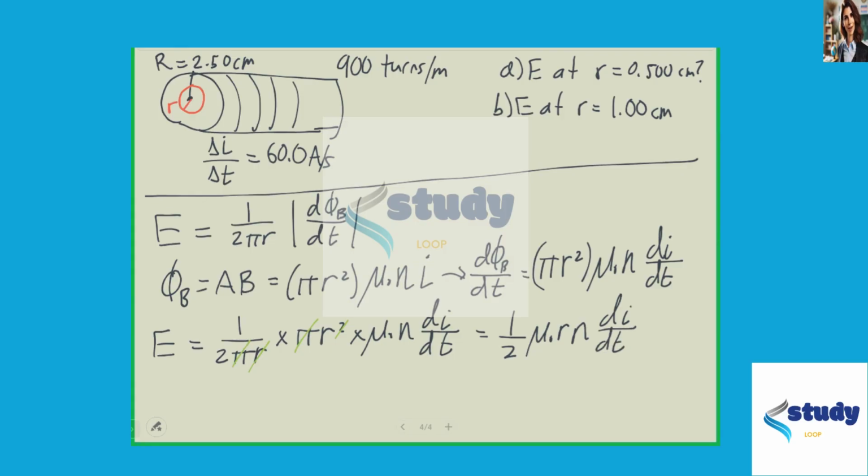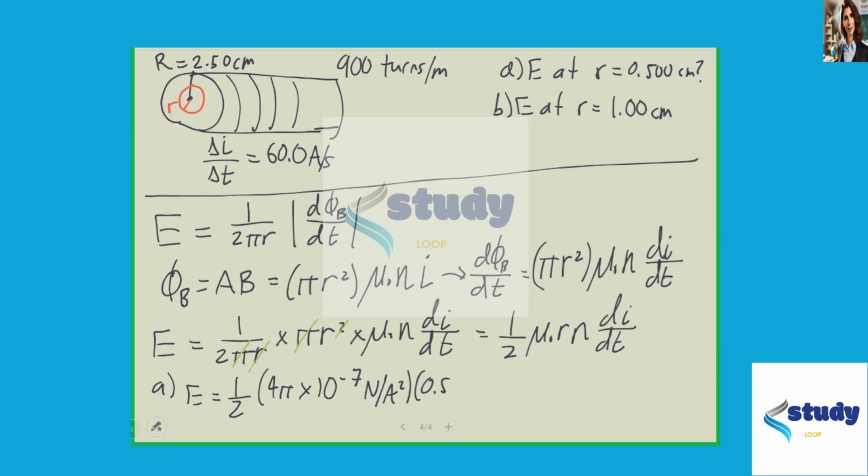Now we can substitute our numbers into this formula. So for A, that just means that r is 0.5 centimeters. So the electric field is 1/2 times 4 pi times 10 to the minus 7 newtons per ampere squared times our 0.500 centimeters.